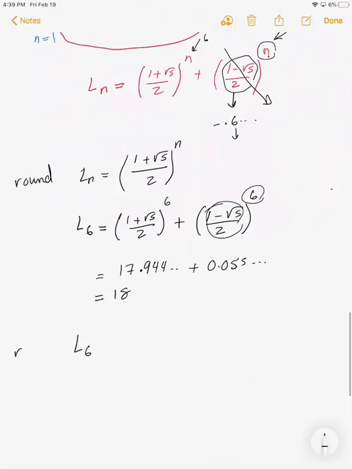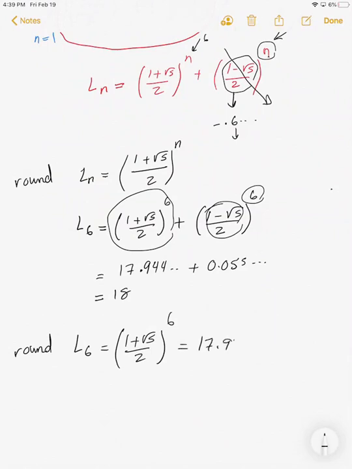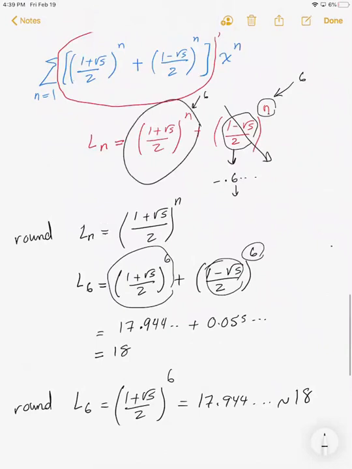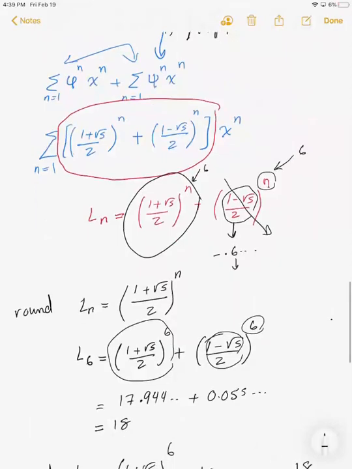Or you could round whatever you get for L6 just using the first term. This is 17.944, and if you round it, you get 18. So you can just use this term to find the nth term of the Lucas sequence.